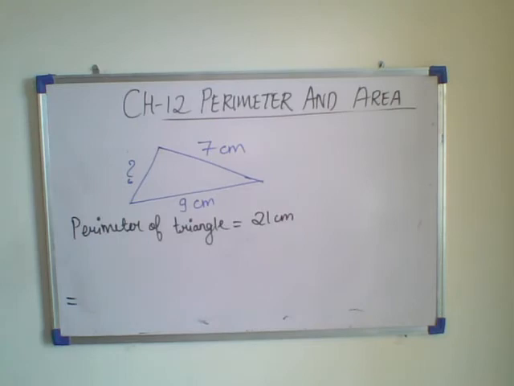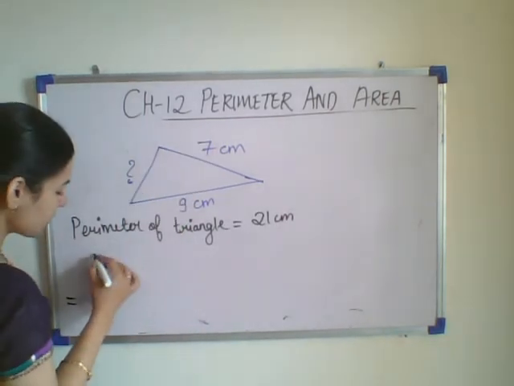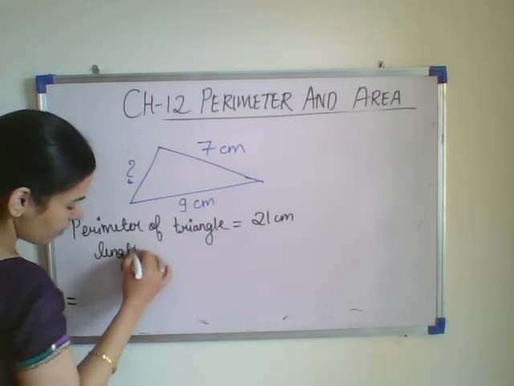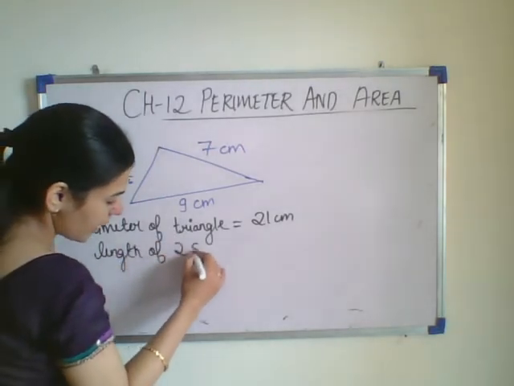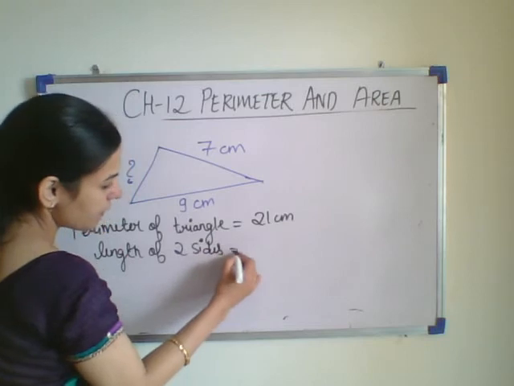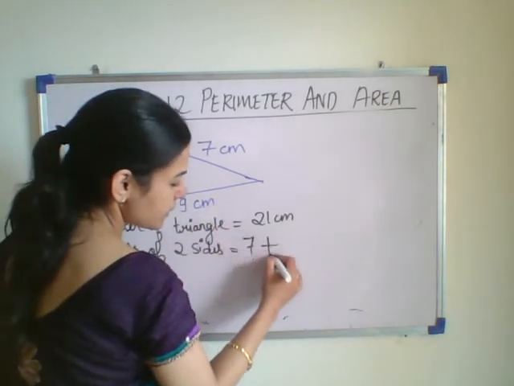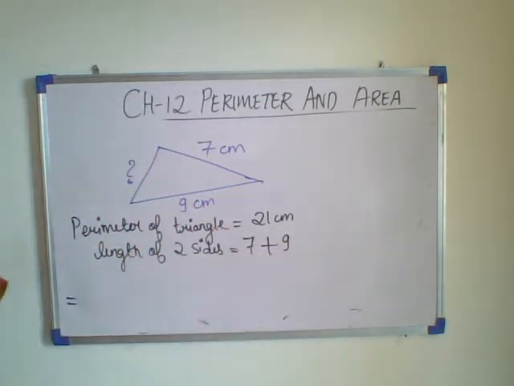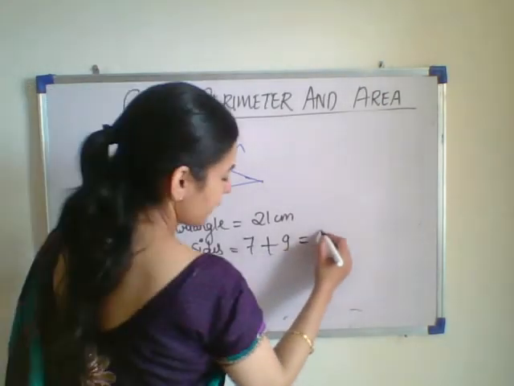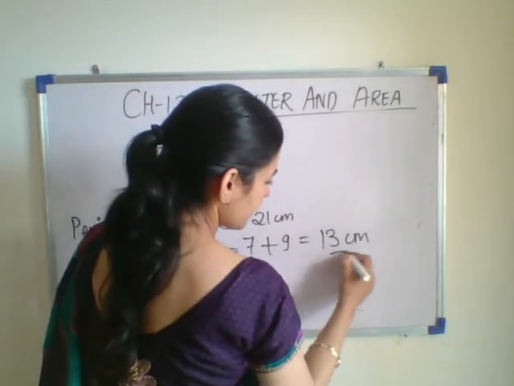And what is the length of the 2 sides? We will add 7 plus 9. So here we will get 16 centimeter.